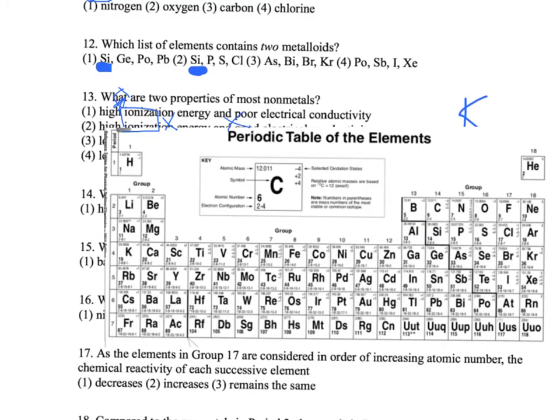Then after that we could have germanium, so I see there's germanium here. We could also have arsenic, so here is an arsenic here. We could also have antimony, which is Sb, so we have antimony here, and tellurium. So choice number 1 has 2 metalloids.